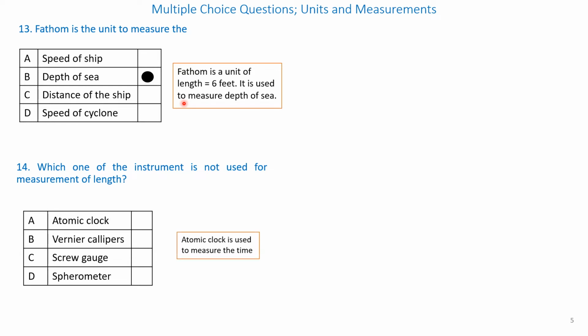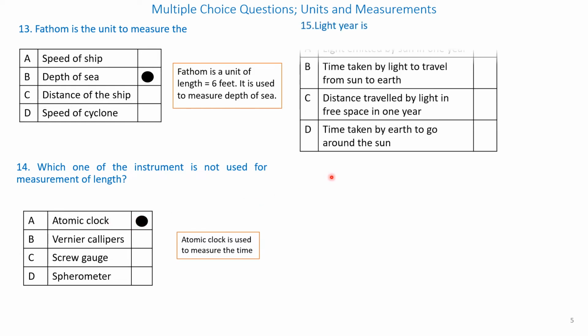We know that atomic clock is used to measure the time. So you remember, the question is which one of the instrument is not used for measurement of length. So atomic clock is not used for measurement of length. So you mark it. Choice A is the correct answer.